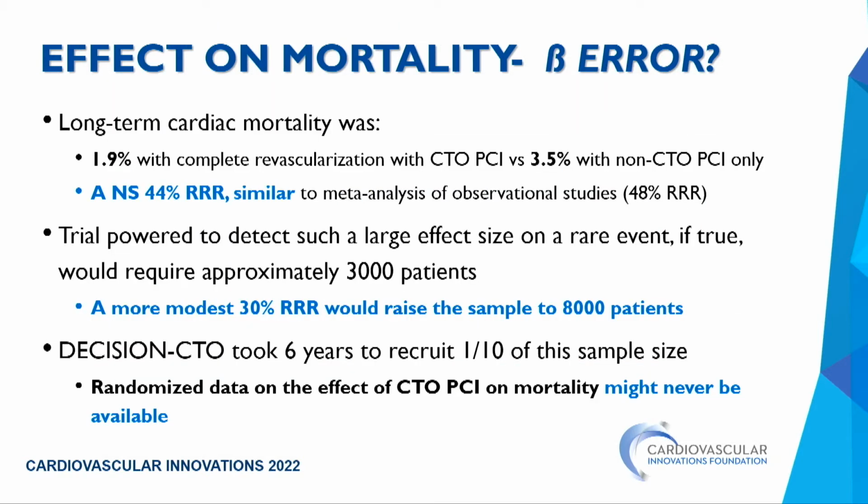So what is this effect on mortality in that trial? Is it the beta error, which is insufficient power? Well, probably, because the long-term mortality was 1.9 with complete revascularization and 3.5 with non-CTO PCI only. That 44% reduction in mortality is exactly the same as in the observational data. If you would like to do a trial powered to detect such a large effect, 44% relative reduction, you would require 3,000 patients.